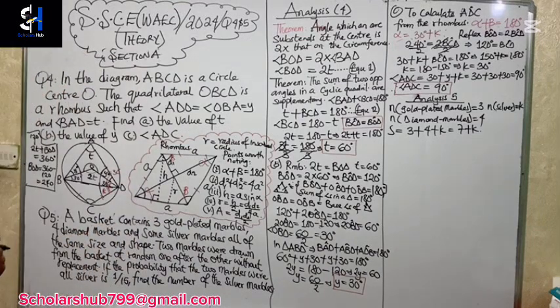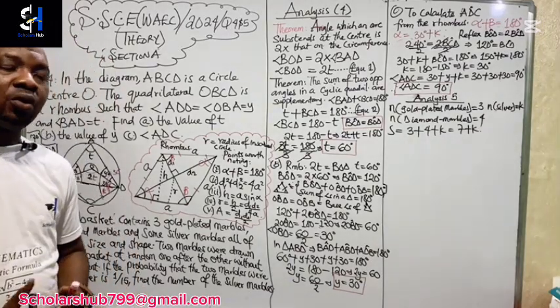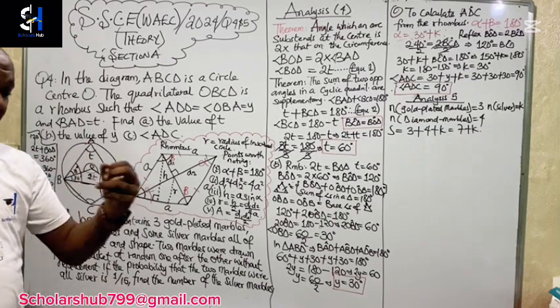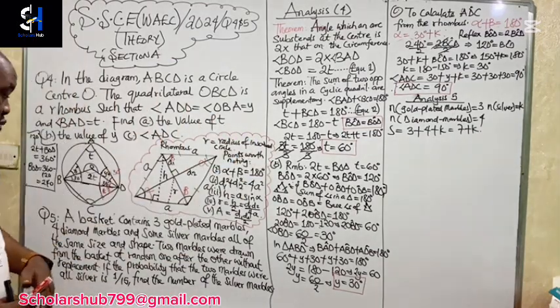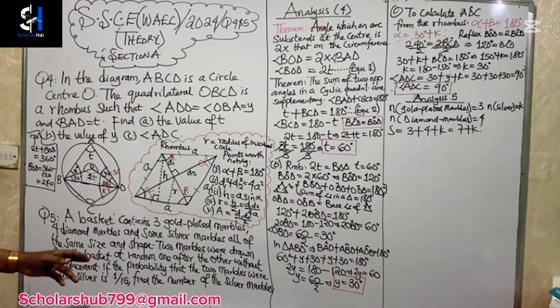Two marbles were drawn from the basket at random, one after the other, without replacement. When it comes to without replacement, the first marble drawn from the basket is not put back, so the second draw is from fewer marbles. Now, the probability that the two marbles were both silver is 1 over 15.